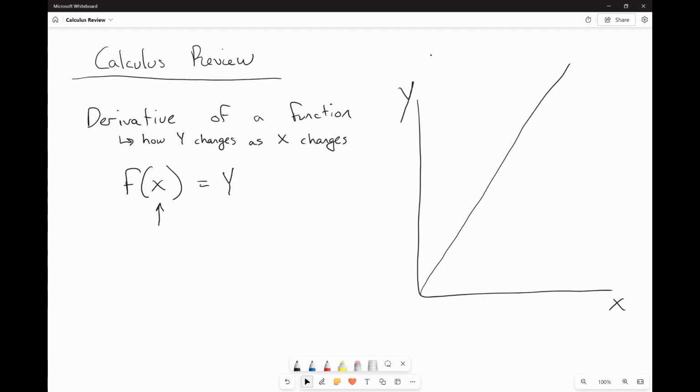To what extent, or how much, does y change when x changes? That's what a derivative tells us. A derivative of a function is actually also a function, and what that derivative function tells us is how y changes when x changes, or how y changes at a particular value of x.